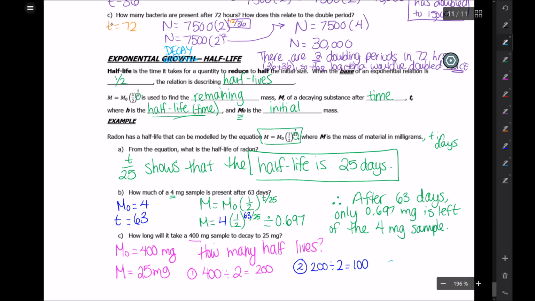Then my third half-life is going to be 100, because that's how much is left now. 100, divide that by 2, and I get 50. Our next one is 50, divide that by 2, and we get 25. So we know it takes 4 half-lives.